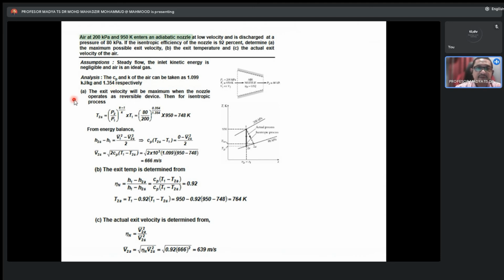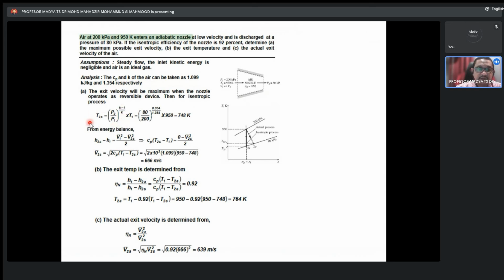So A, the exit velocity will be maximum when the nozzle operates as a reversible device, then an isentropic process, because this is an adiabatic process, so it is called an isentropic process. When it is an isentropic process, you can use the relationship between temperature, pressure, and volume. Here, use one of the relationships, the ratio of temperature and the ratio of pressure.